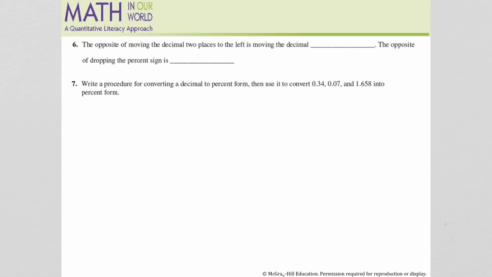The opposite of moving the decimal 2 places to the left is moving the decimal 2 places to the right. The opposite of dropping the percent sign is adding the percent sign.